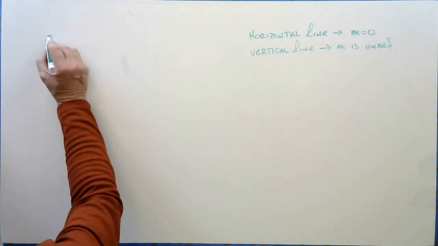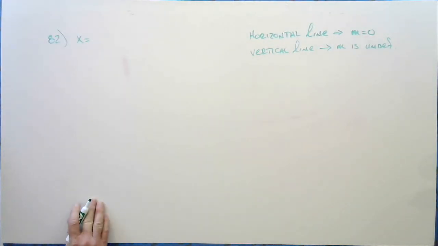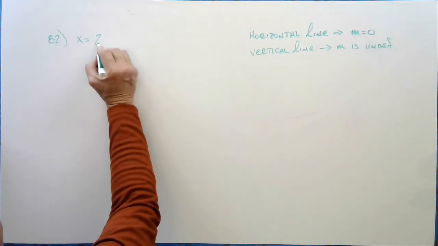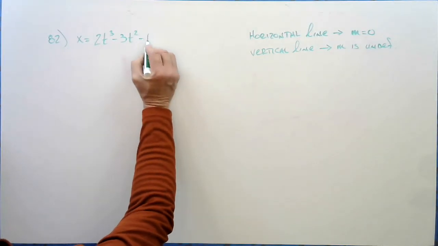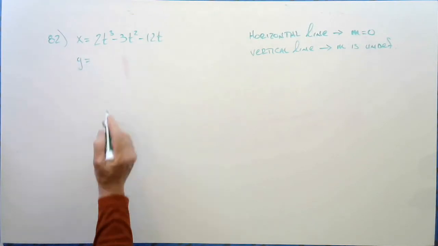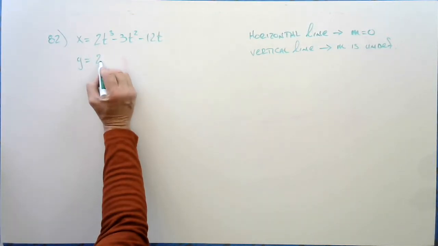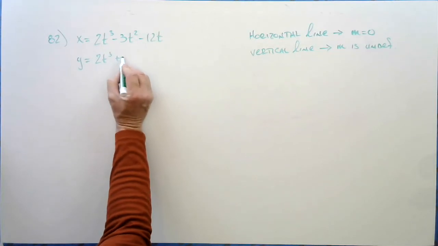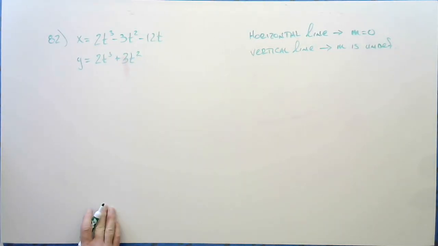So in 82, we're given the equations x equals 2t cubed minus 3t squared minus 12t, that's our x. And then our y equation is 2t cubed plus 3t squared plus 1.